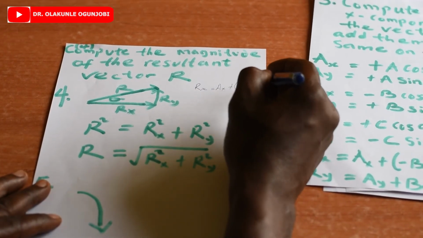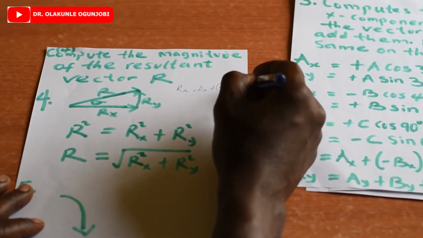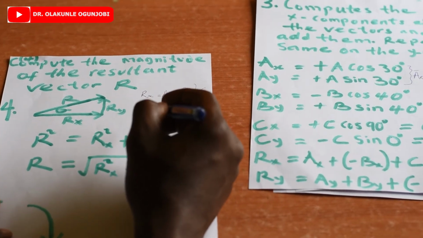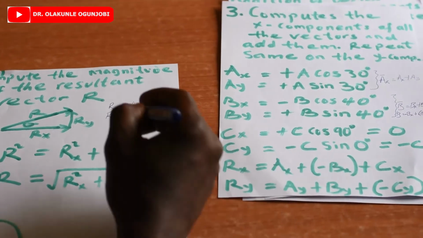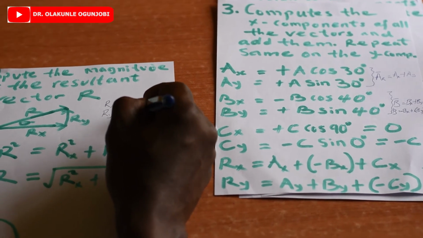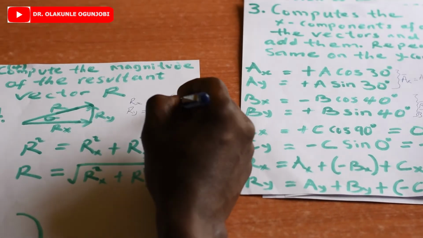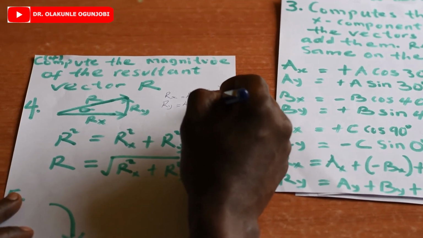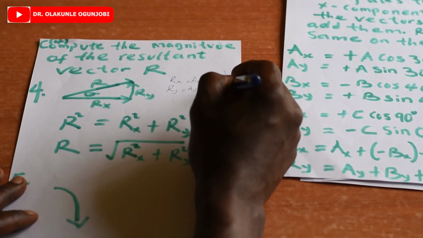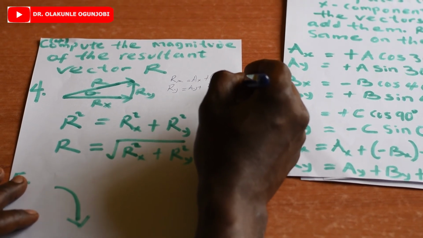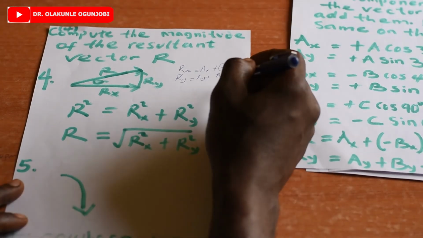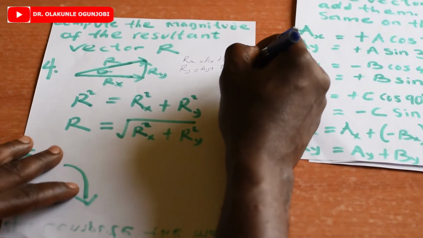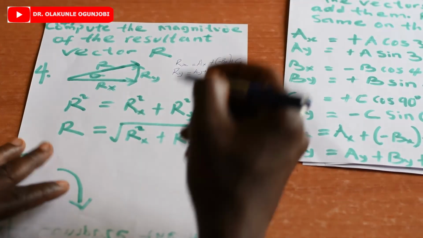Minus Bx plus what? Cx. And then your Ry is equal to what? Your Ay plus what? By, and in this case, minus Cy, because it's at the negative y-axis. Okay, let's not mix it up.